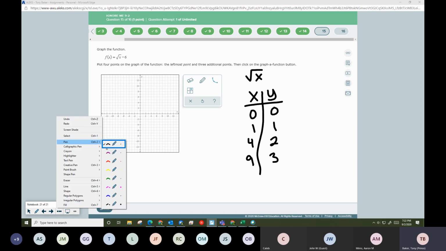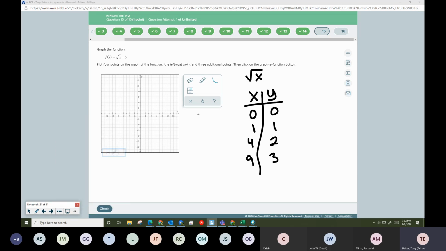This problem is the square root of x minus 6. So that minus 6 is on the outside. So all I'm doing is taking my answer from this and subtracting 6. So this becomes negative 6. That becomes negative 5. Becomes negative 4. And that becomes negative 3.